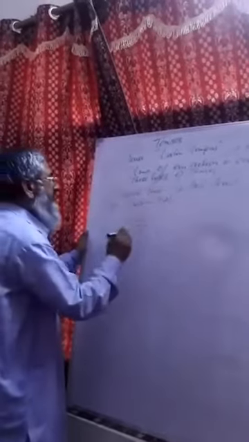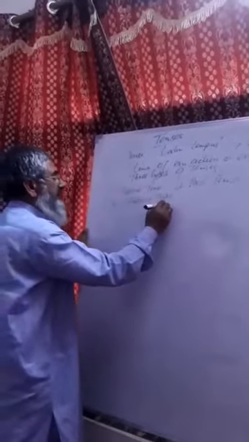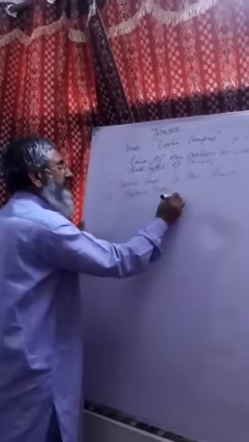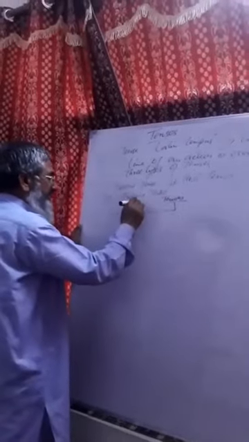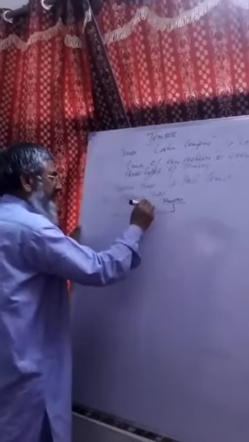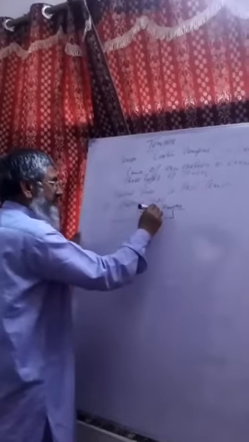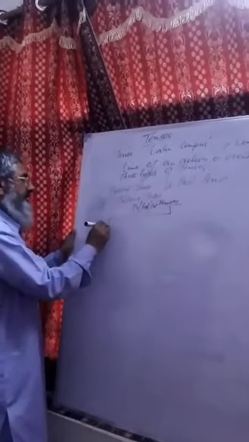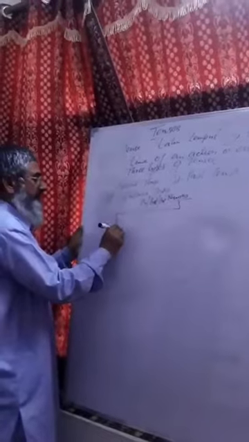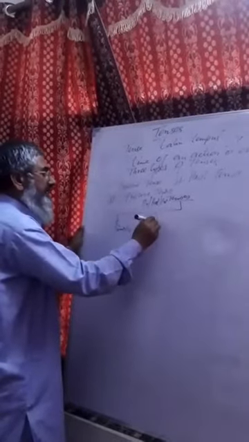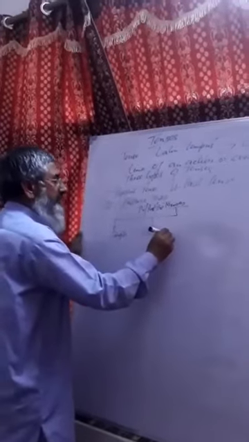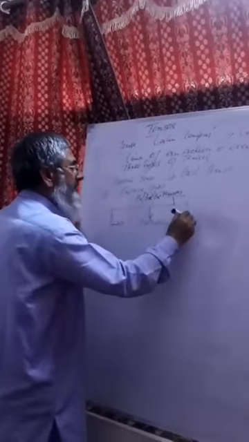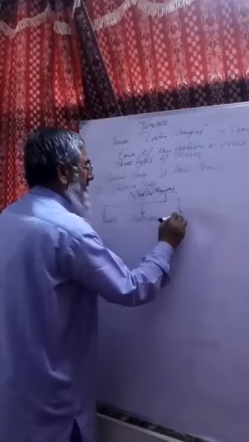Each of these tenses has four forms, whether it is present tense, past tense, or future tense. Number one is simple. Number two is progressive. Number three is perfect.